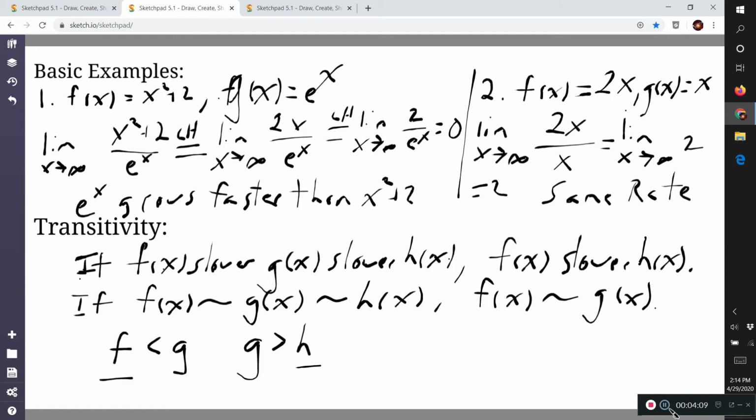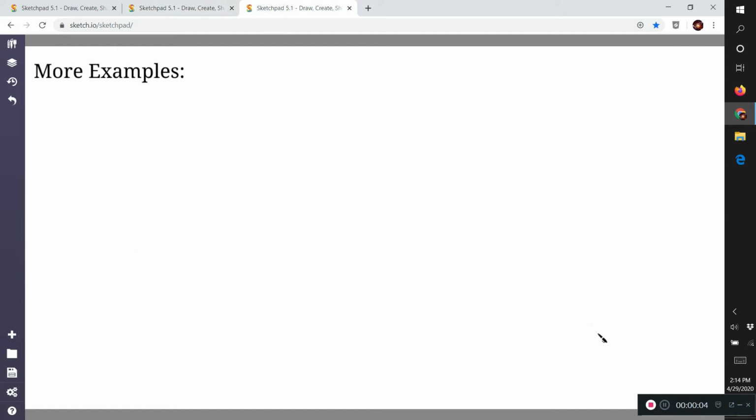So let's move on to some more examples here. So example 3, let's call f of x natural log of x and g of x, let's do it cubic, x cubed minus 3x squared plus 2.